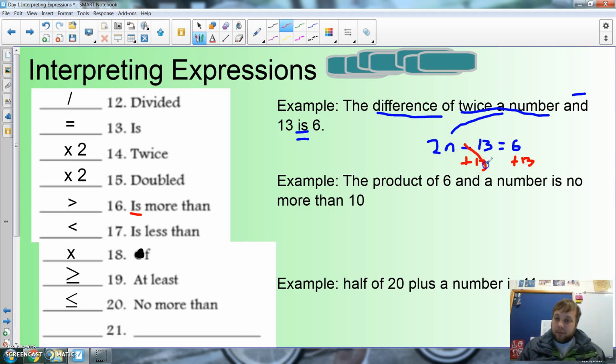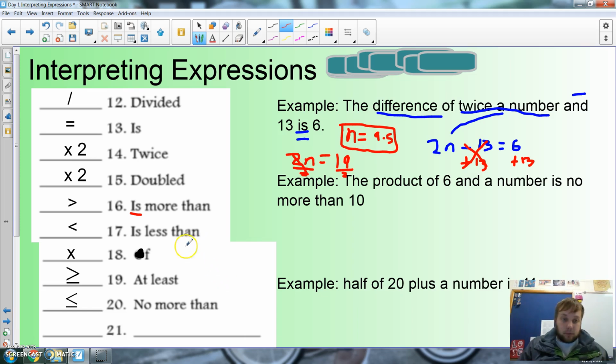And now I have 2n equals 19. And divide by 2. Right, divide by 2. And so n equals roughly 9.5. And when I say roughly, I mean exactly. Just so you know. Okay, here we go.